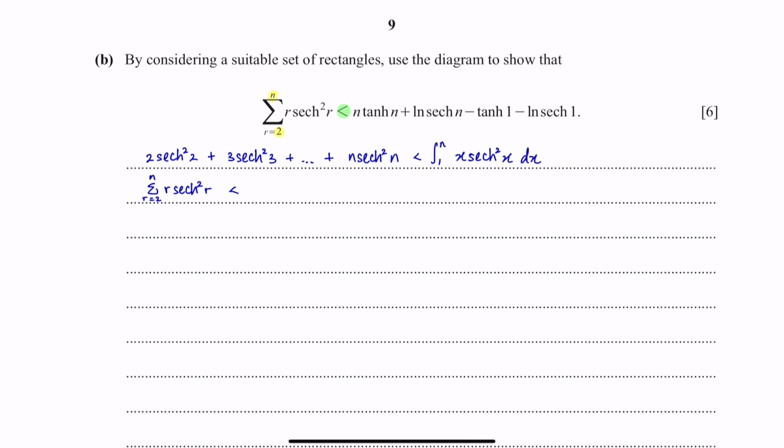We use integration by parts, so u equals x, dv/dx equals sec squared x, and du/dx equals 1, v equals tan x. This can be found in the formula booklet.